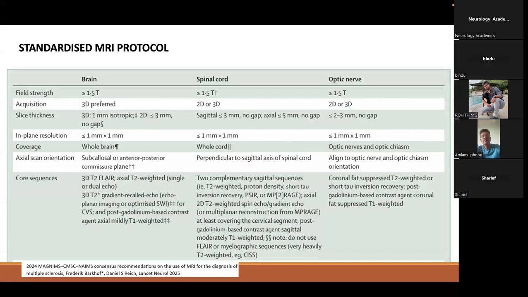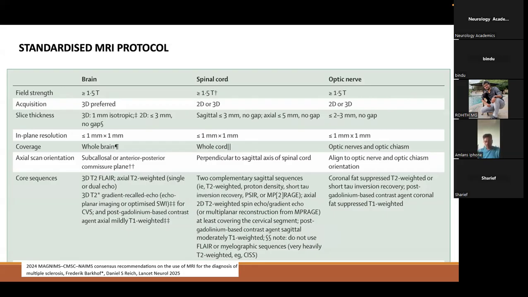For the spinal cord, the sagittal as well as axial T2 weighted and post-contrast T1 images. And for the optic nerve, orbital cuts, the coronal fat suppressed T2 weighted or STIR images, and also the gadolinium based fat suppressed T1 coronal cuts.